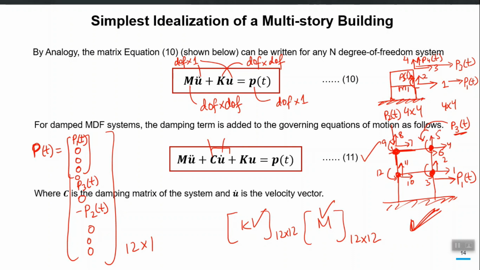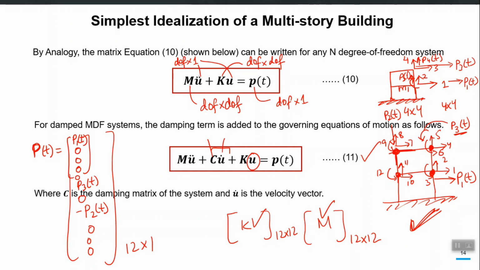So our main unknown in this equation 11 is what? The u vector. Just like u of t was our main unknown, now we have the u vector as our unknown, right? If we can calculate the u vector, we can also calculate the u dot vector and u double dot vector.